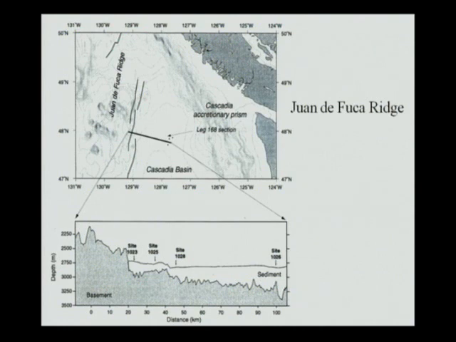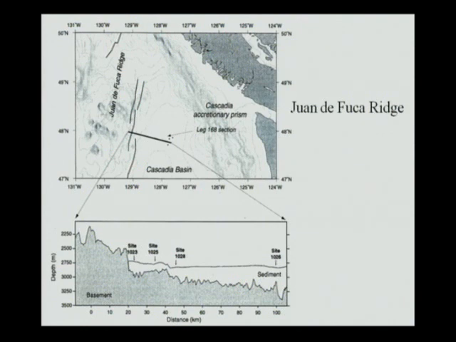So the Juan de Fuca Ridge in the northeast Pacific Ocean is very interesting in the sense that basement is coming to the surface to the northwest, and then the sediment pile becomes thicker towards the east.